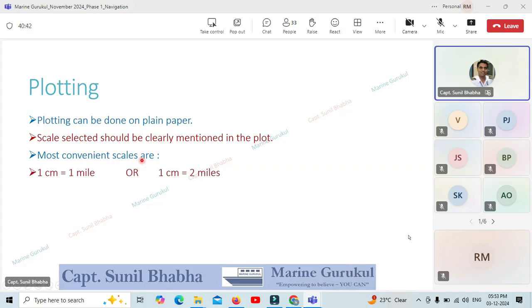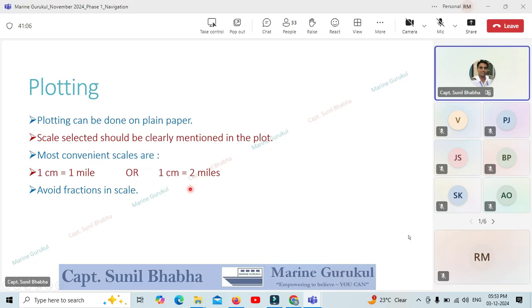Most convenient scales to use are 1 centimeter equal to 1 mile, or if the plot is big and the diagram is not fitting on our answer sheet, then it can be made smaller by taking a scale of 1 centimeter equal to 2 nautical miles. Most of the questions you will be able to solve using these two scales.